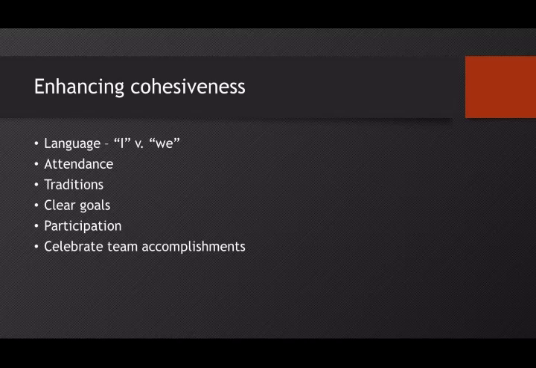Every time a team accomplishes a goal or a step in the process of reaching their ultimate goal, then they should be able to pat themselves on the back and really celebrate that. That allows people to find the usefulness in others, find the ability to like one another, and that all goes hand in hand in the cohesiveness and feeling that they're together as one unit.